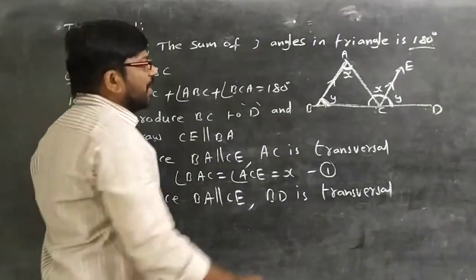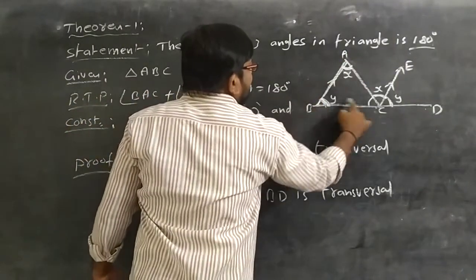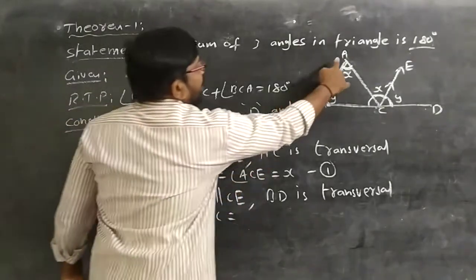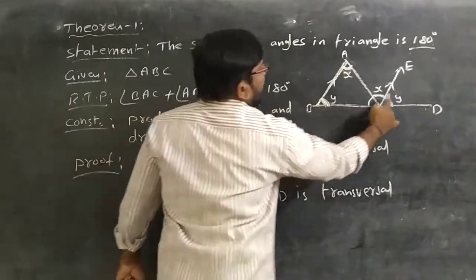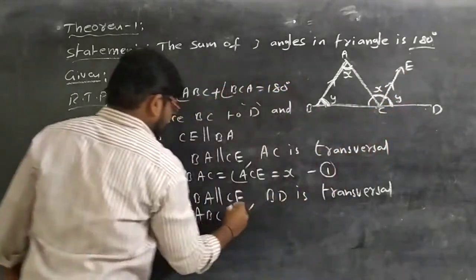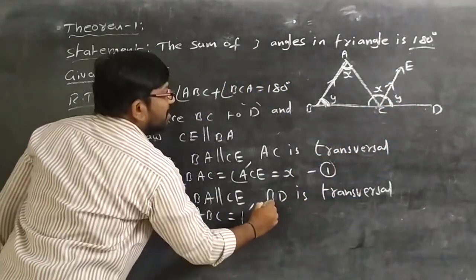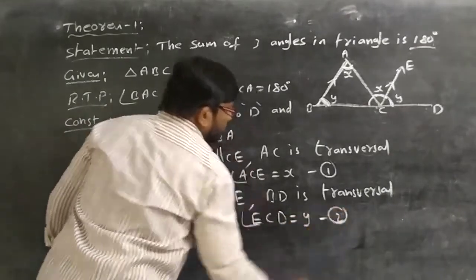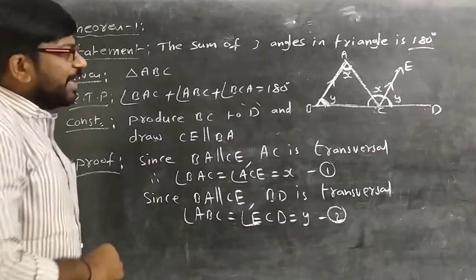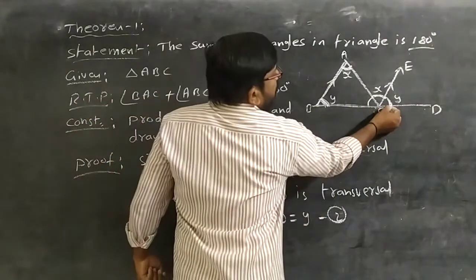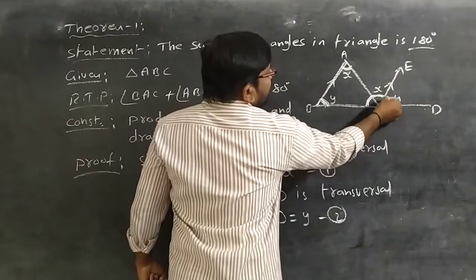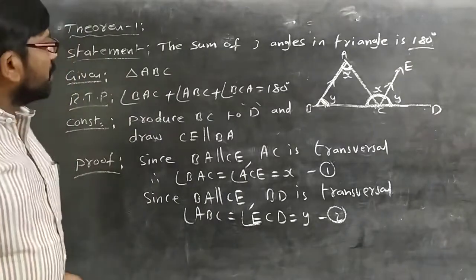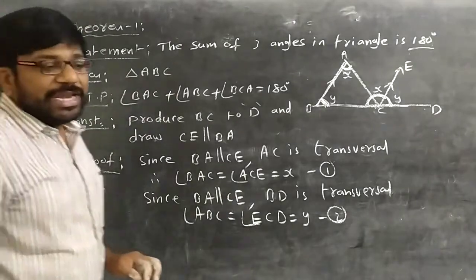Corresponding angles are equal, meaning angle ABC is equal to angle ECD, that is equal to Y, say equation 2, right? And next, Y plus X plus this angle, these three angles form a straight angle, that is 180 degrees. That is so well known, right? Linear angles.